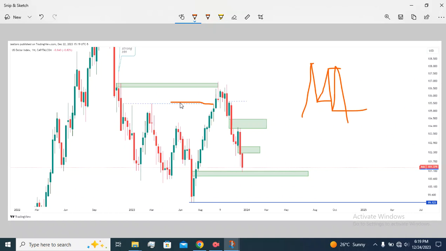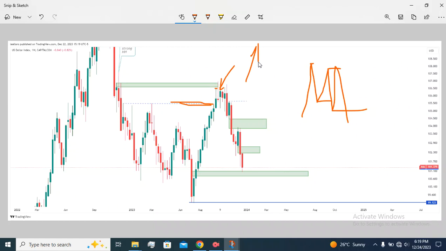So there was a sweep of liquidity here, as I've just said. This market manipulated because we are anticipating a reversal. When we anticipate a reversal, the market first sweeps liquidity and then manipulates to induce buyers, because this is where the buyers were induced to believe that the market is still bullish.